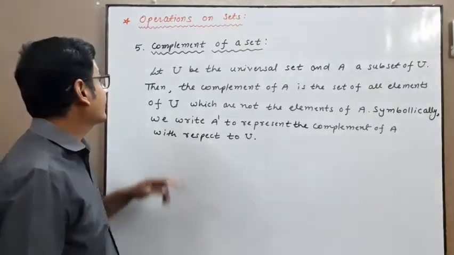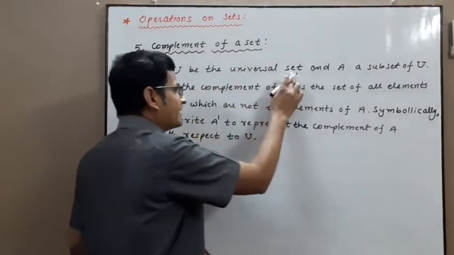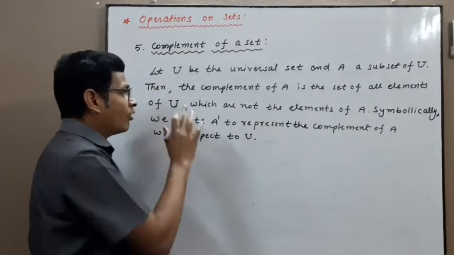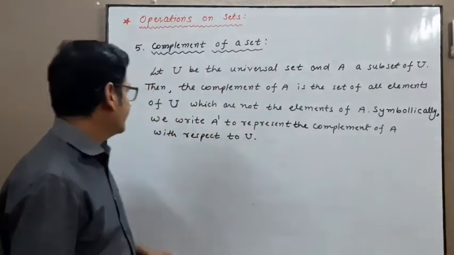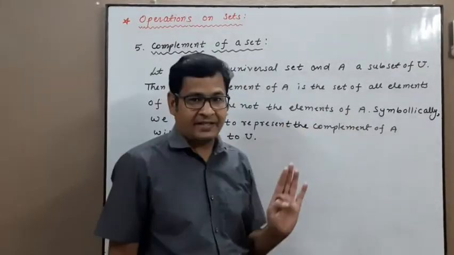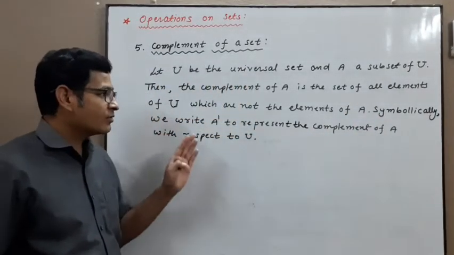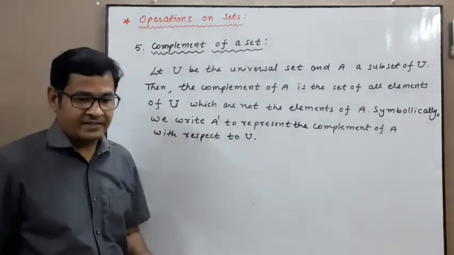Next operation, complement of a set. Let U be the universal set and A a subset of the universal set. Then the complement of set A is the set of all elements of the universal set which are not elements of set A. Symbolically, we write A dash to represent the complement of set A with respect to the universal set.